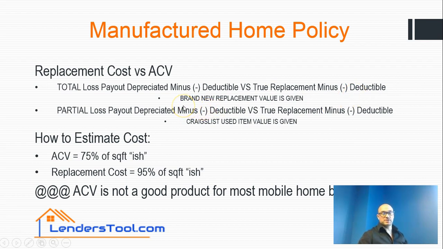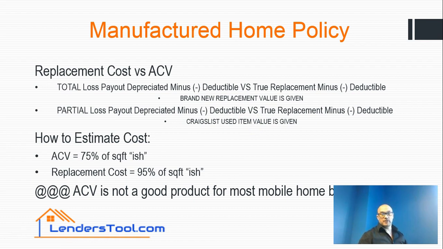So here's what you'll see. We like to use the brand new replacement cost. Because if you use the other one, it's going to be a partial loss payout depreciated minus the deductible versus true replacement cost minus the deductible. We're talking Craigslist used items.